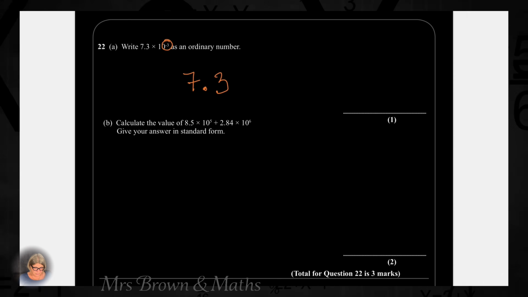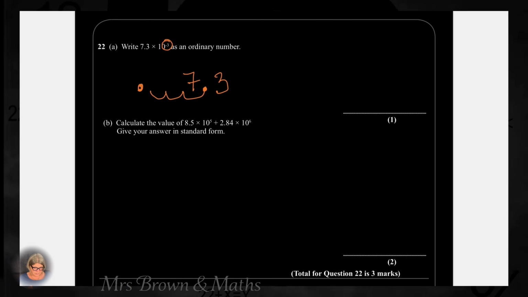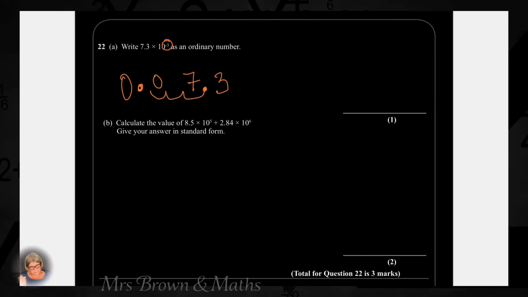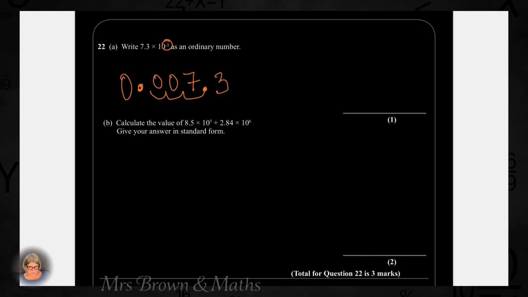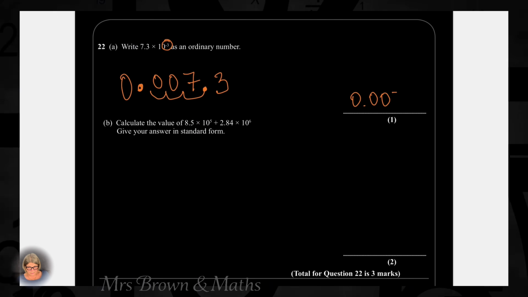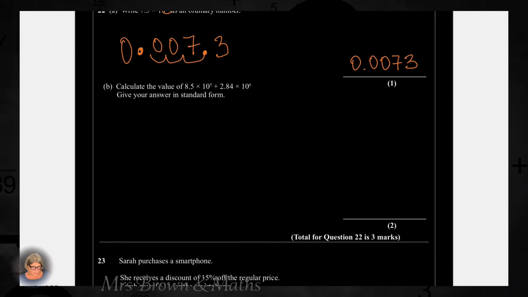So 1, 2, 3, decimal point 0. So these two gaps I will fill with zeros, so the answer is 0.0073.